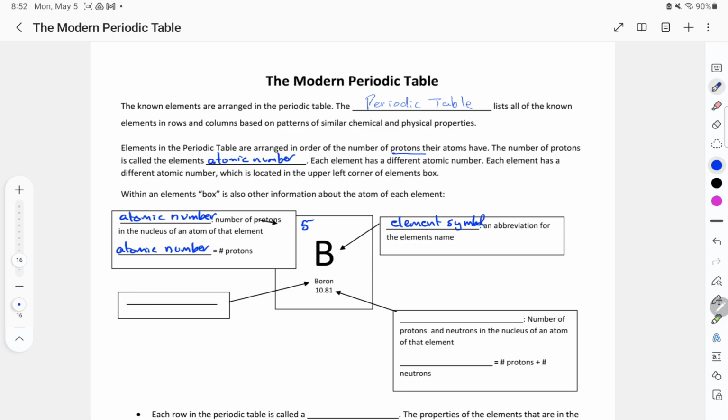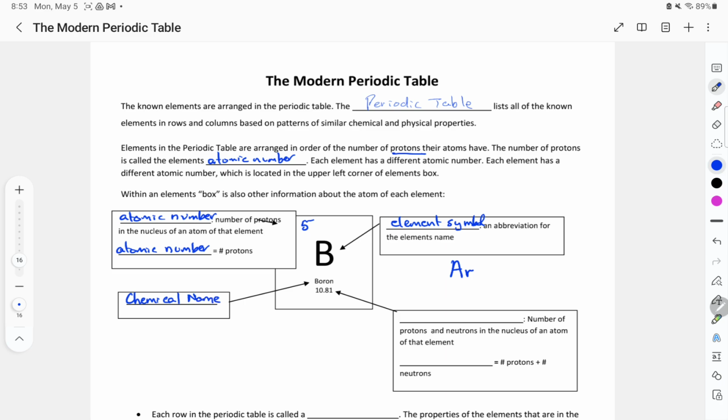All element symbols have at least one capital letter, and if they have two letters, the second letter is lowercase. For example, for argon, the A is capital and the R is lowercase. We have our chemical name.